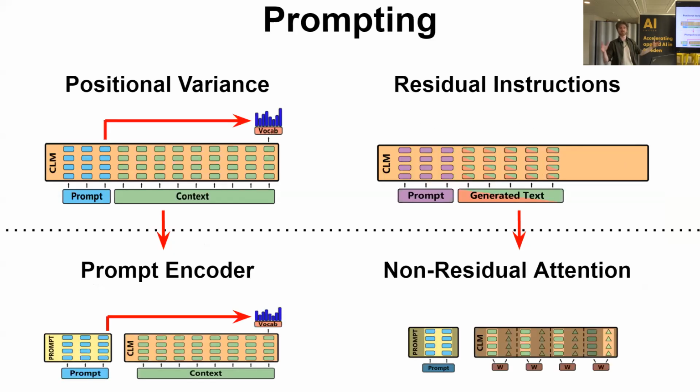So I hope that made somewhat sense. There's a lot more equations in the paper if you want to read that. So just to recap, we have the two problems of positional variance and residual instructions. Our two solutions to this are one, the prompt encoder, detaching the prompt instruction from the language model. The second is having a non-residual attention schema when attending to these instructions.